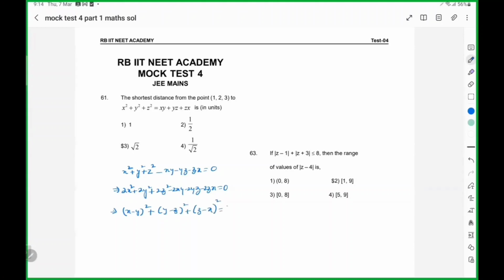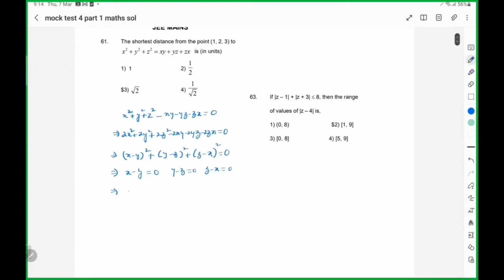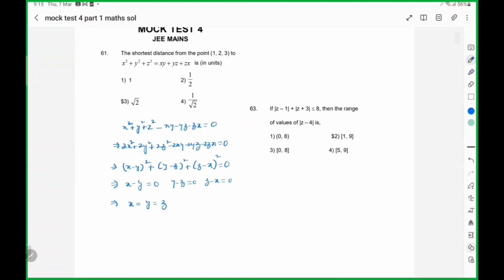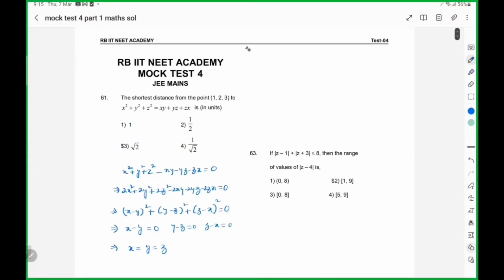Sum of squares is 0, so each one must be 0. So finally this equation concludes as x equal to y equal to z, which represents a line in 3D.